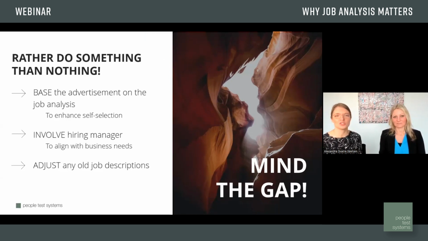Promise me that you won't just accept an old job description from a manager and base the job analysis on that. Make sure that at least they evaluate it. If there's nothing to add, then it's fine, but you need to make sure that nothing has changed since the last update. That's really important. And next time the hiring manager just sends you a 7-year-old job advert, we have all the arguments for you here in the report.